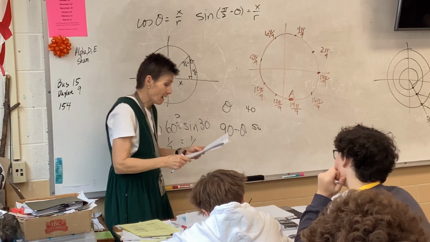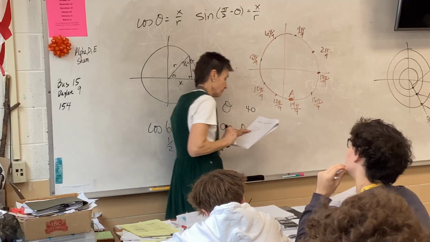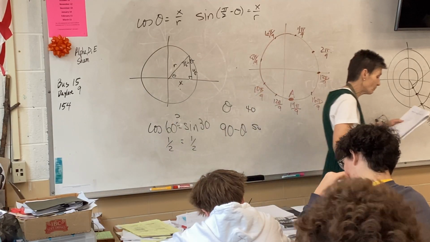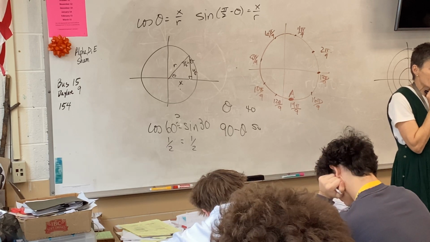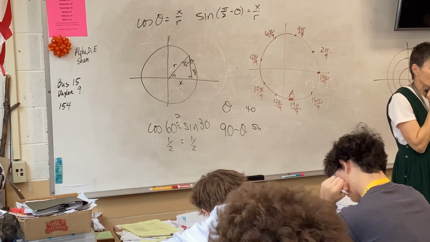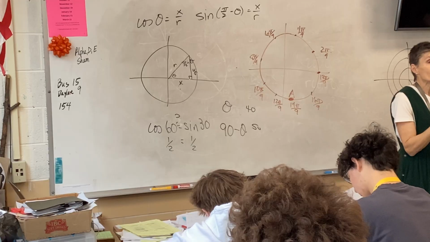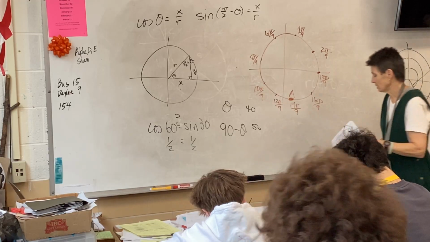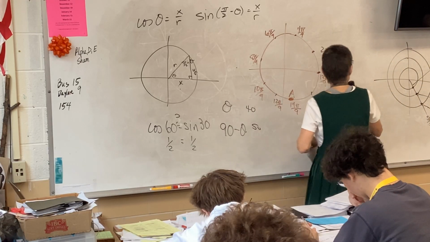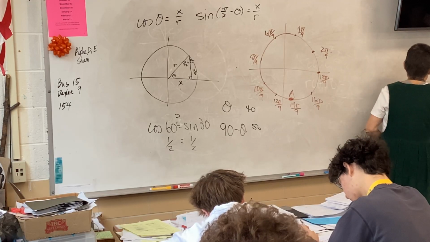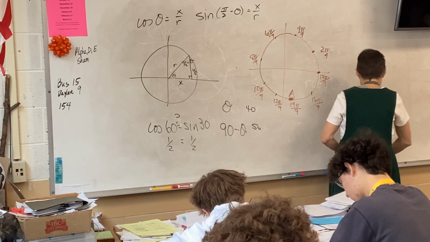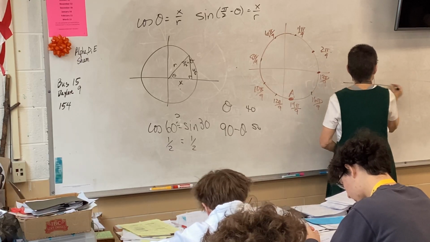All right, how about B? Do 11 pi over 3 and negative 4 pi over 3 have the same reference angle? And what we mean by reference angle is this. Where is 11 pi over 3? Think about your circle.